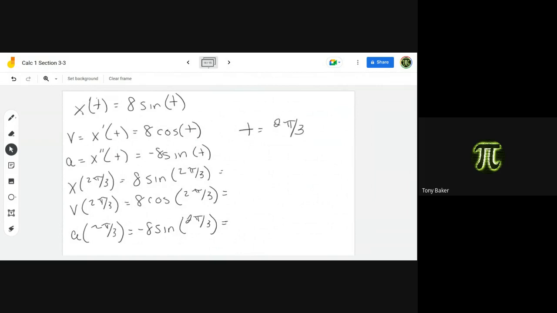Your acceleration is -8 sine t. All right. So what's sine of 2 pi over 3?